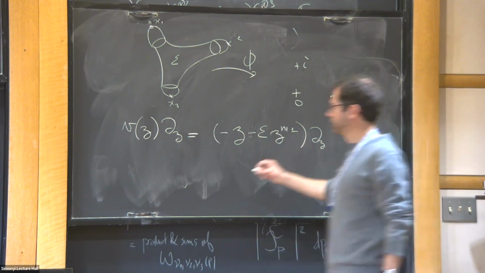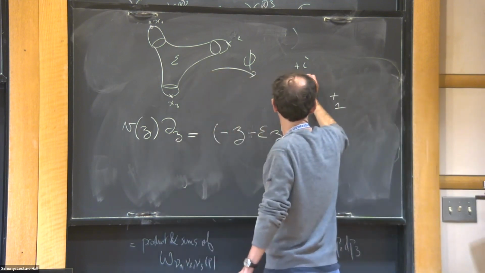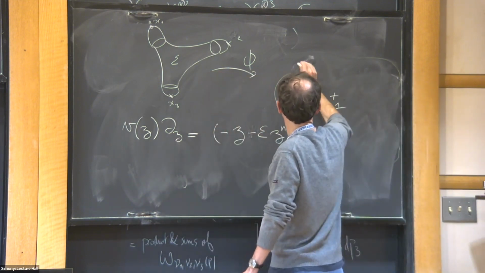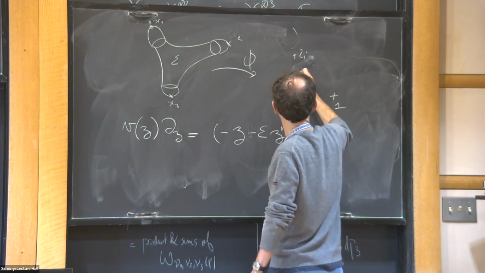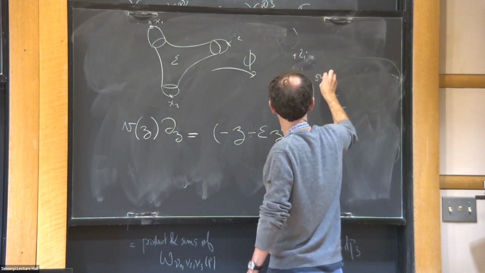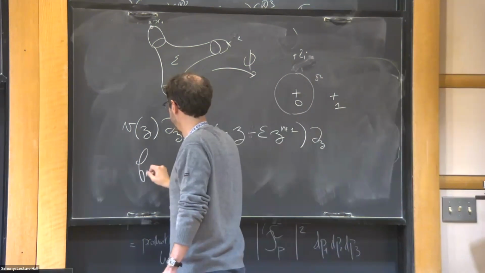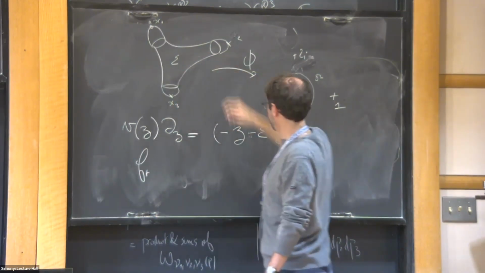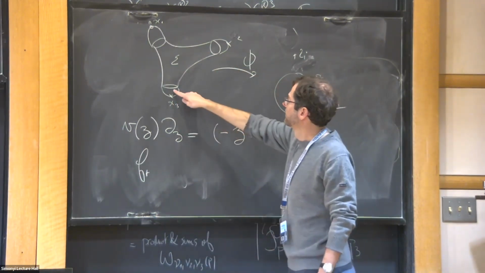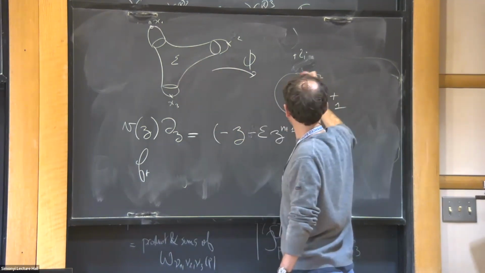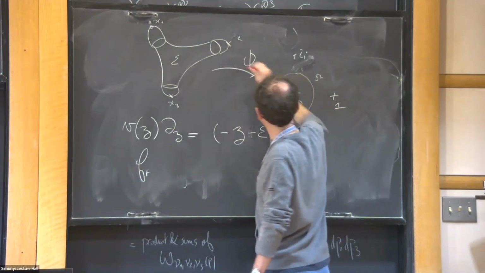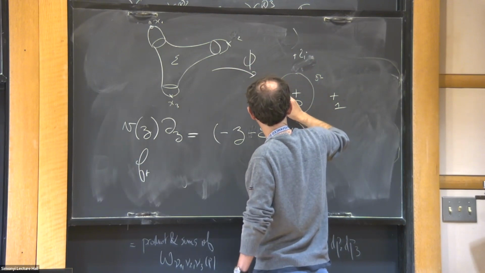I consider its flow. Okay, maybe I just put 2i here of the unit circle here. And I take its flow, f_t. So if I take the image of my 3 curve here, okay, maybe it's not the unit circle, but let's assume.